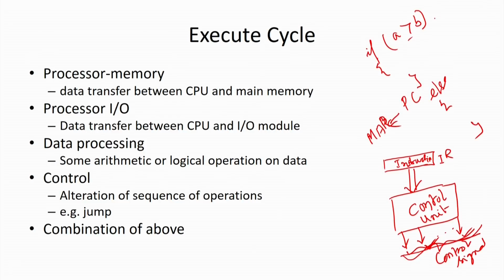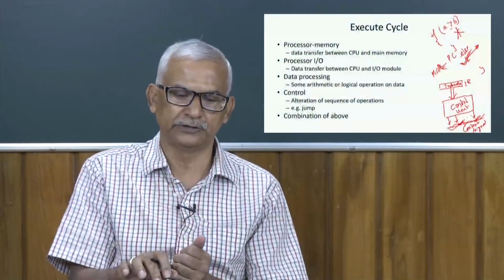If it is false, then we are not going to execute this part of the code, but somehow we have to come to this particular instruction. So, for that we need those control instructions, or some instruction may be a combination of some of those operations. So, in the execute cycle we are going to perform those tasks.